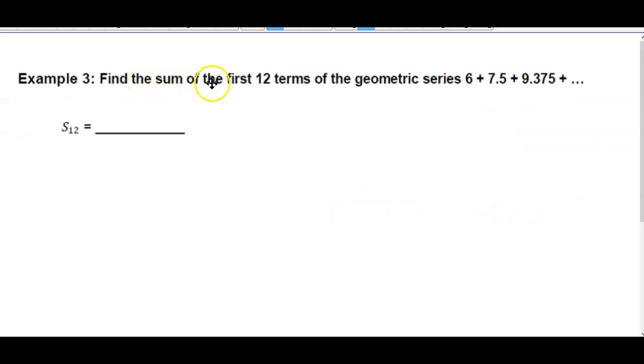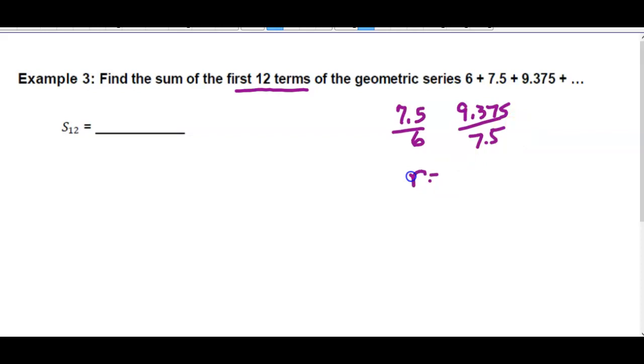All right. This is a finite geometric series they want us to do because they've said find exactly the sum of the first 12 terms. And these are getting bigger, as you see, so it wouldn't work as an infinite series anyway because r is more than 1. We need to find r, so we can take 7.5 divided by 6 or 9.375 divided by 7.5.